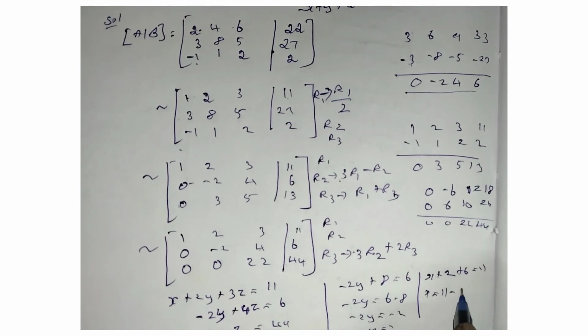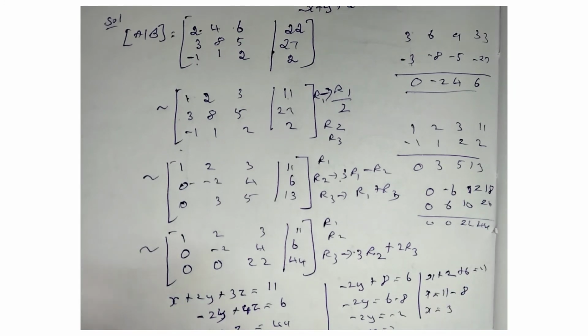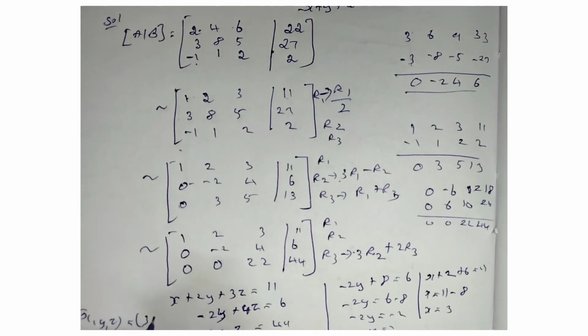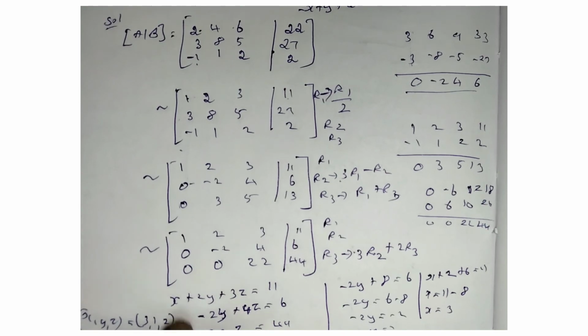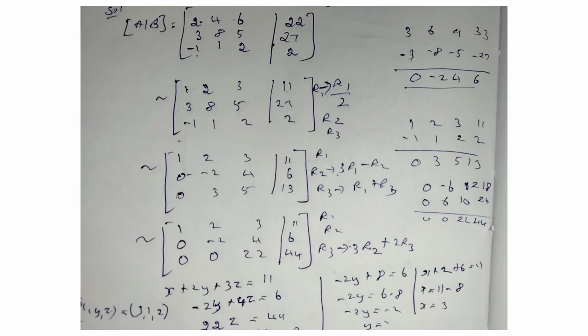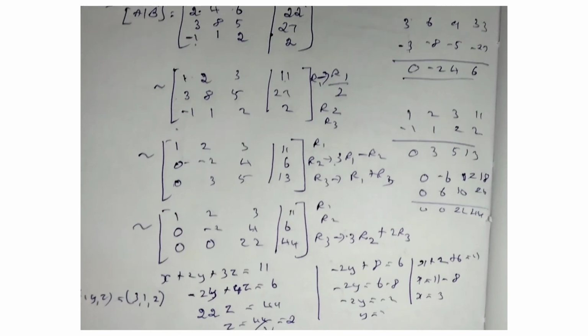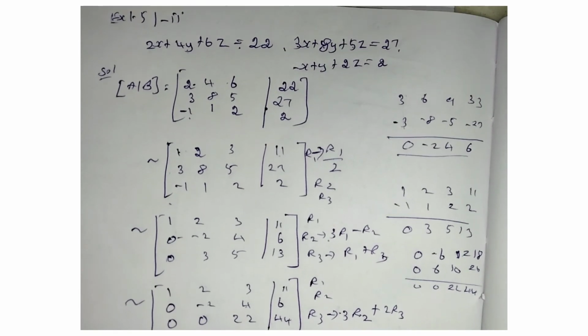Then x equal to 11 minus 8, x equal to 3. So the value of x, y, z is 3, 1, 2. This is the solution for the given linear equations. This is the way to find the values for linear equations by the elimination method, the Gauss elimination method.